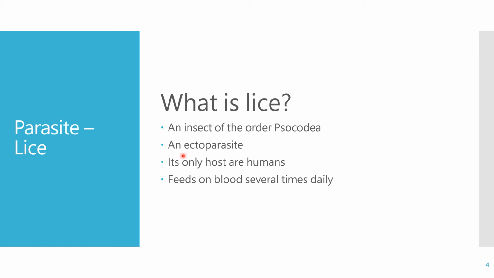Lice is an ectoparasite, which means a parasite that lives on the outside of its host. Its only hosts are humans. Lice do not live on other animals, plants, or objects. They eat blood. Lice feed on blood several times daily.